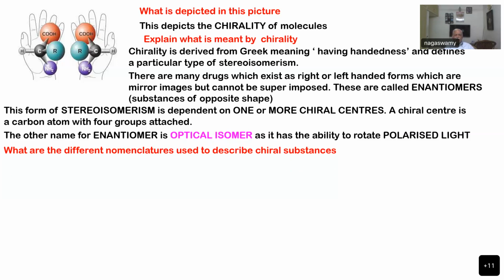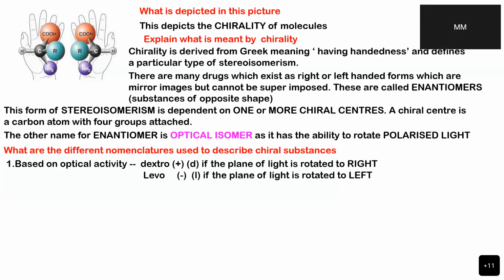Isn't it? Sir, diastereomer, isomeric. Based on the optical activity, it can be dextro, positive, if the plane of light is rotated to the right, and it can be levo or negative if the plane of light is rotated to the left. This is one classification or nomenclature.